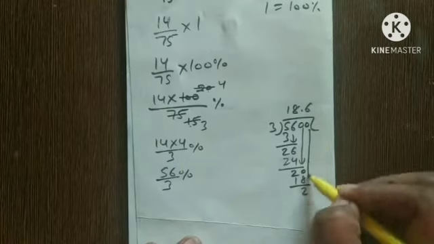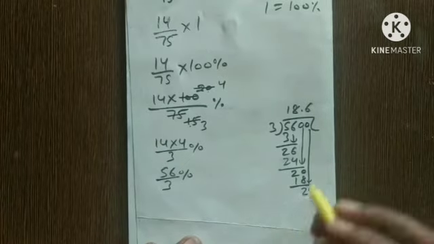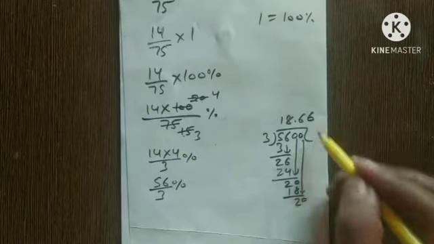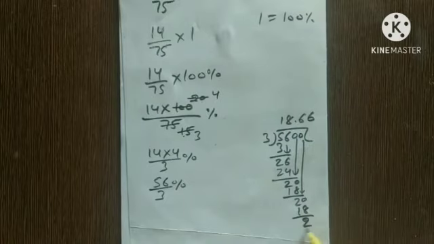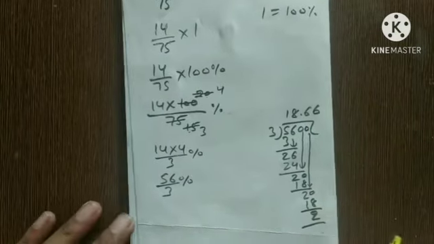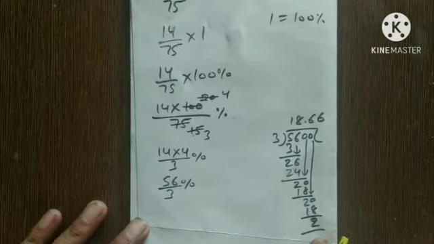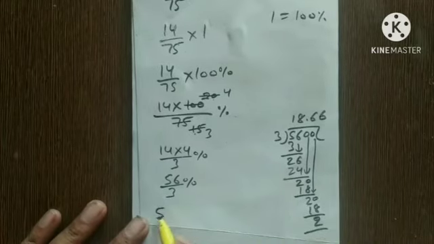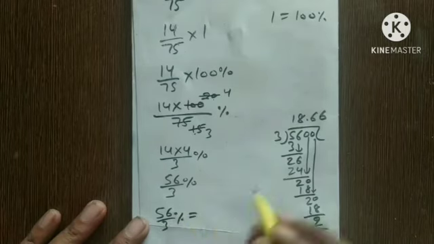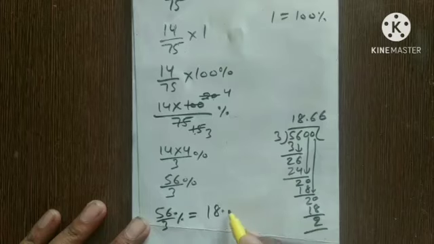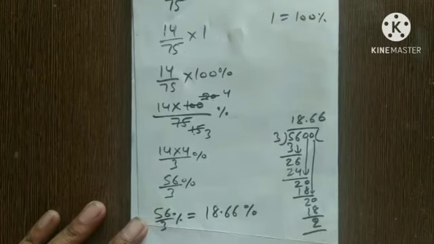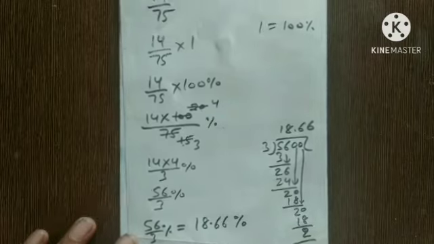So if I mark 0, then I will again get 20, and 3 6s are 18. Again 2. So you see this is not ending, and continuing we are getting the remainder 2. So I can write it 56 over 3% can be written as 18.66%. Right? So this is the answer.